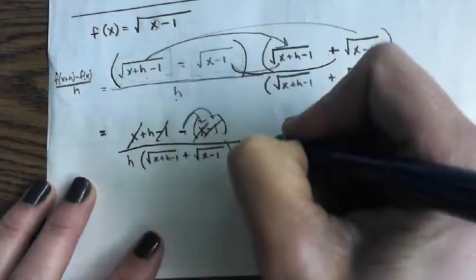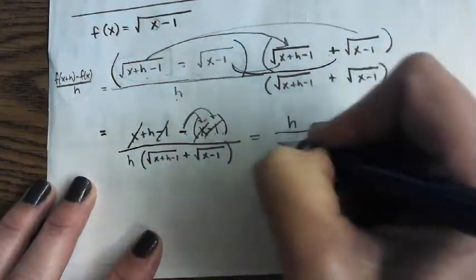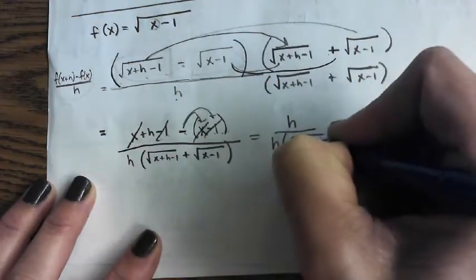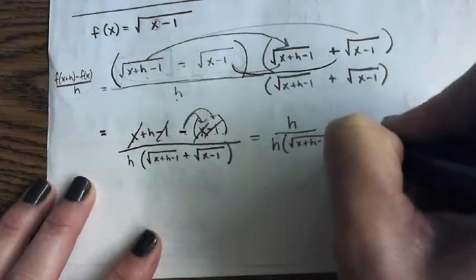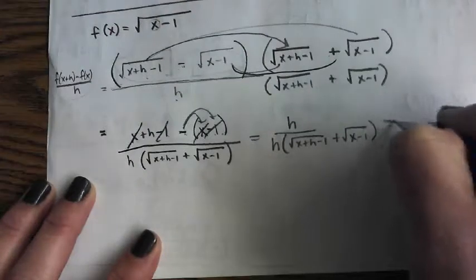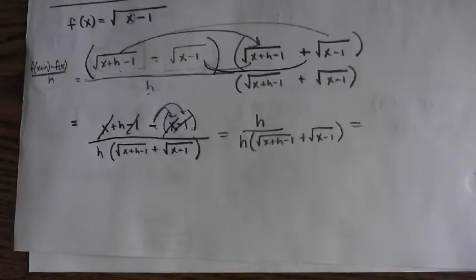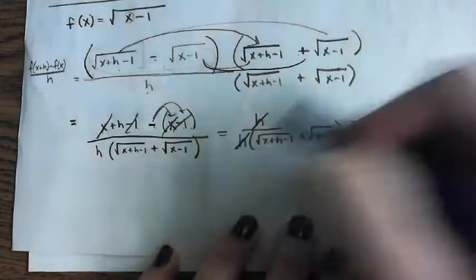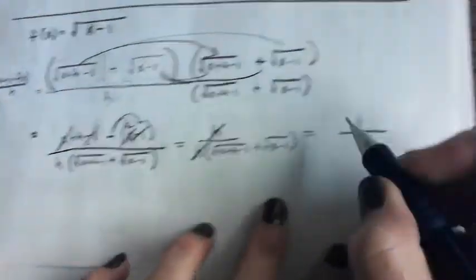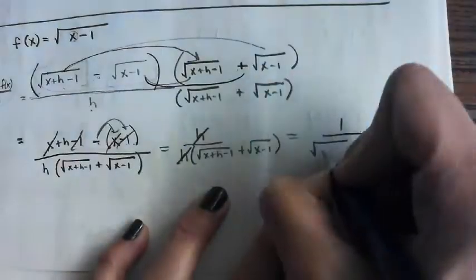And what's your numerator? h. h over h times some crazy parentheses. And our mission is accomplished because now that h from the denominator is going to cancel. So we just have 1 over crazy radicals.